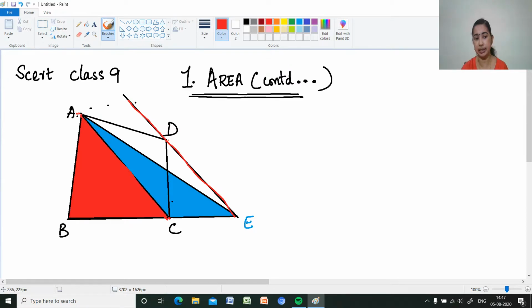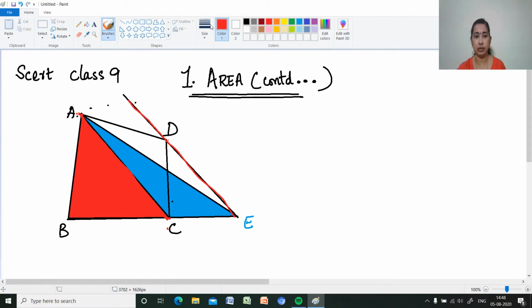If I am considering AC as the base, you can see that ADC and AEC are triangles of equal area because of the concept which we studied earlier. The same concept: if the bases are the same and the two triangles lie between the same parallel lines, then those two triangles will have the same area.